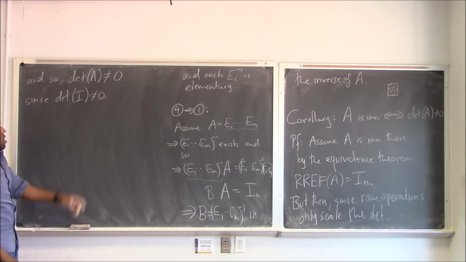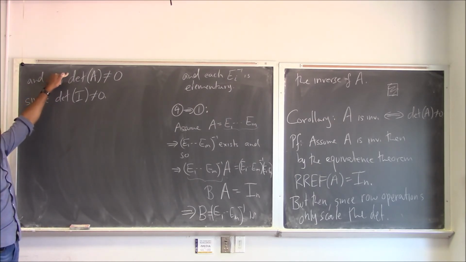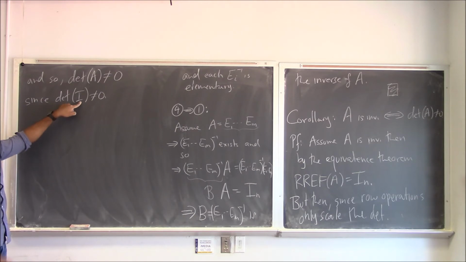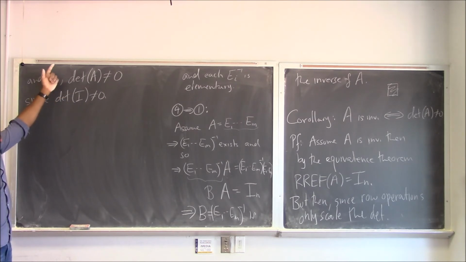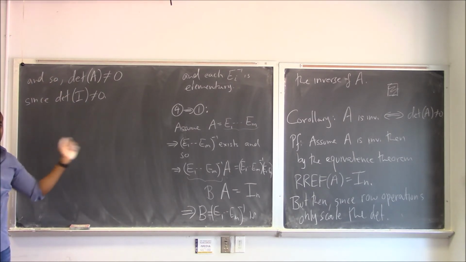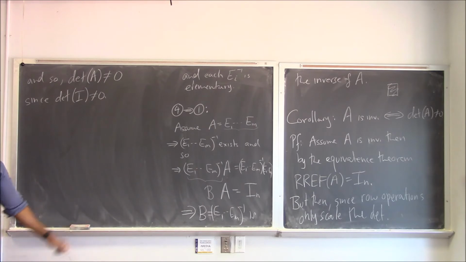Right? If I started off with something whose determinant was 0, the determinant of the new guy I got by doing operations would have to not be 0, because row operations are only going to be multiplying the determinant by some non-zero constant factor the whole time.